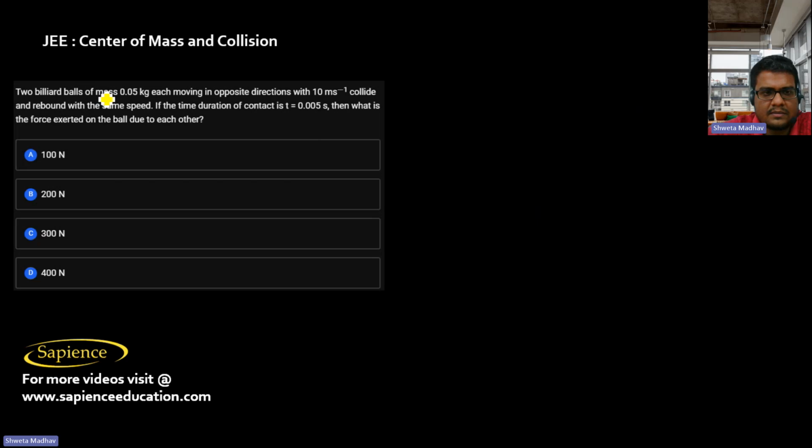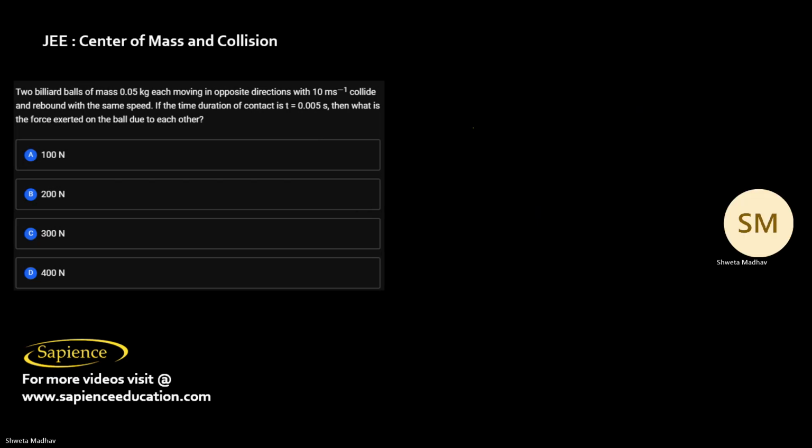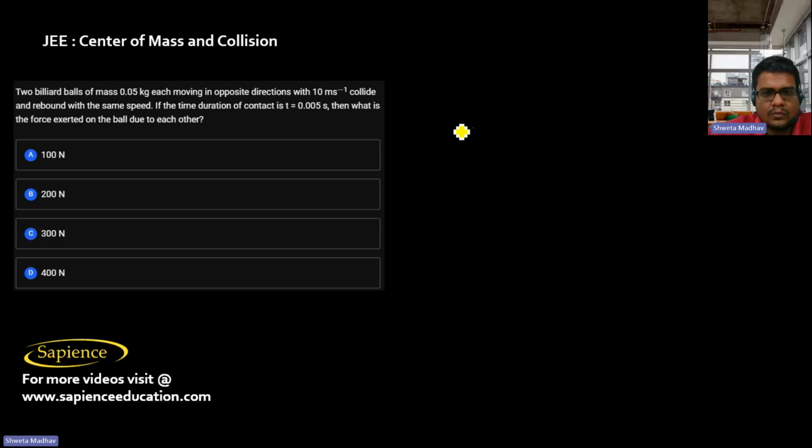Then here it is told that two billiard balls of mass 0.05 kg each are moving in opposite directions. So they have the same mass m, where m is equal to 0.05 kg.